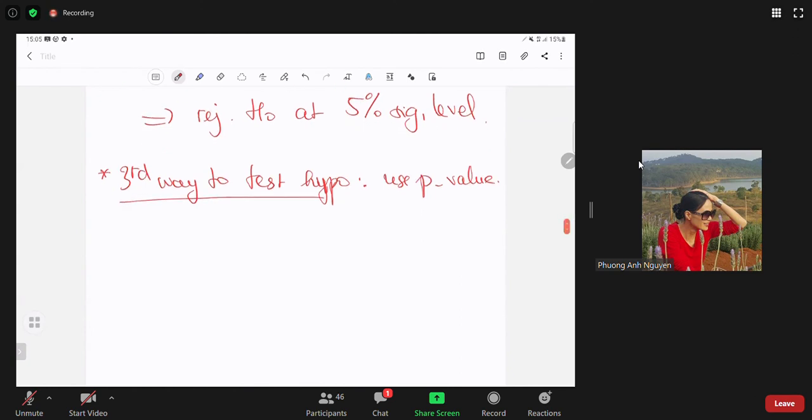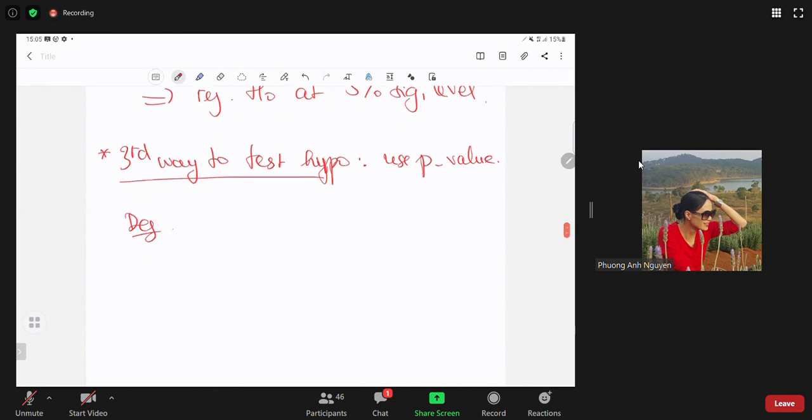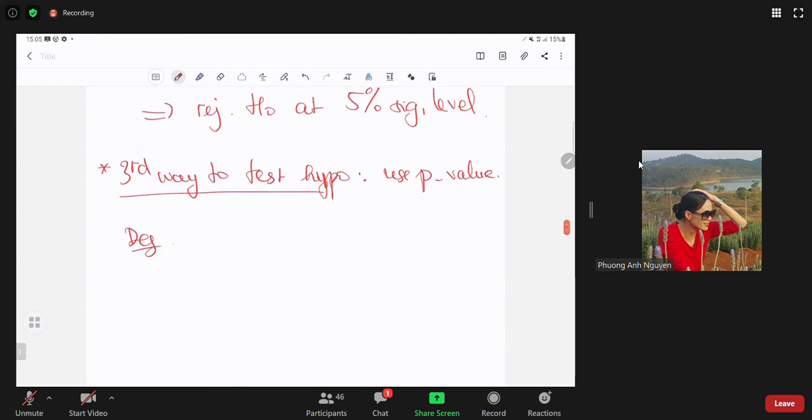What is the p-value? By definition, any of you remember what the p-value is?